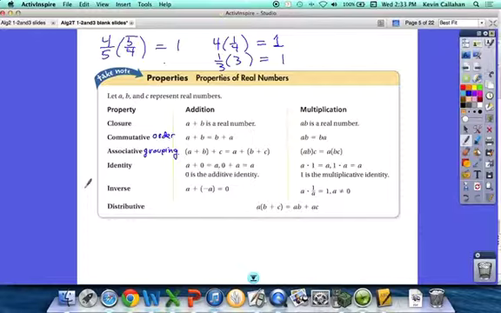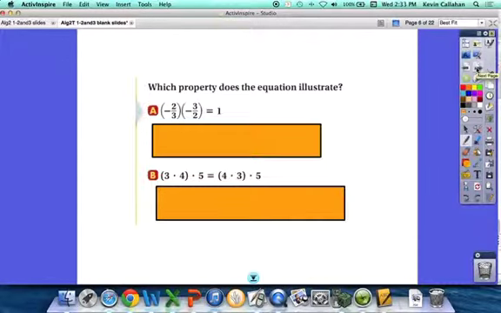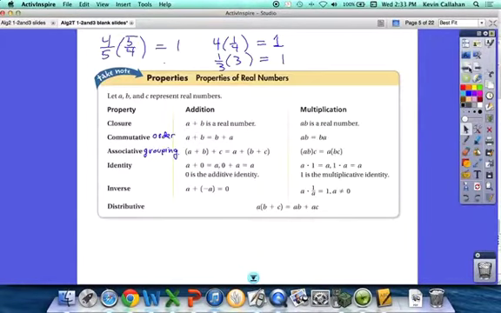Ready? Okay, so what properties are we talking about here? -2/3 times -3/2 equals 1. What's that? Are we done?